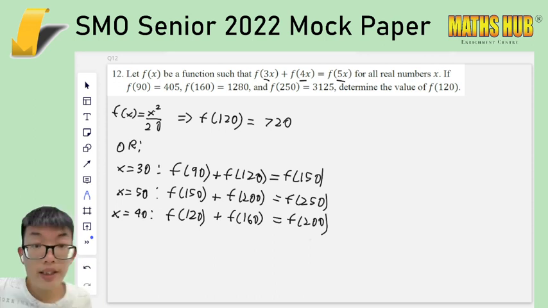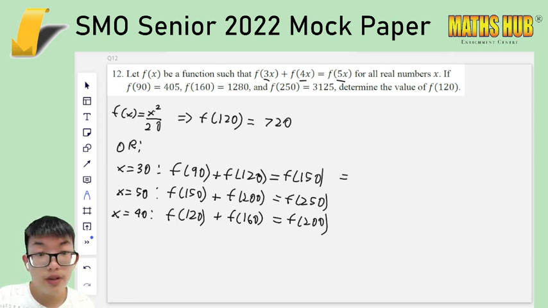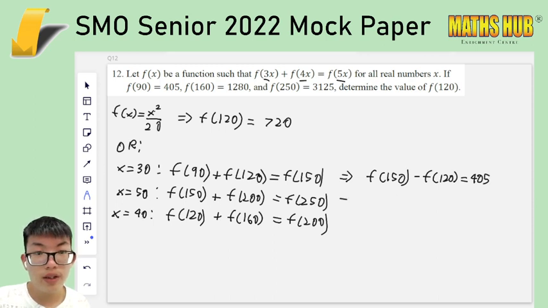Okay, so let's just rearrange all of these equations. So f of 90 is known. We are left with 150 and 120 as the ones which are unknown. In this case, we'll just leave it because f of 250 is the one that's known.